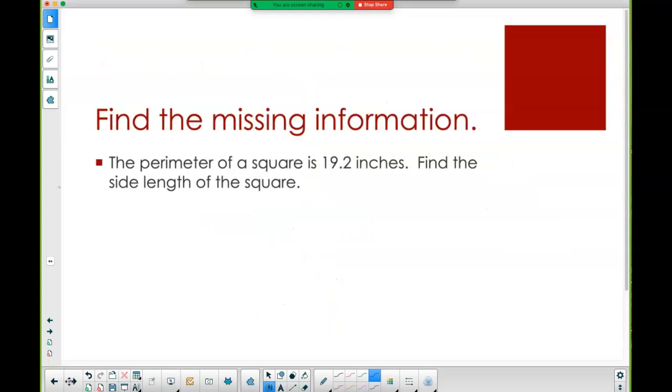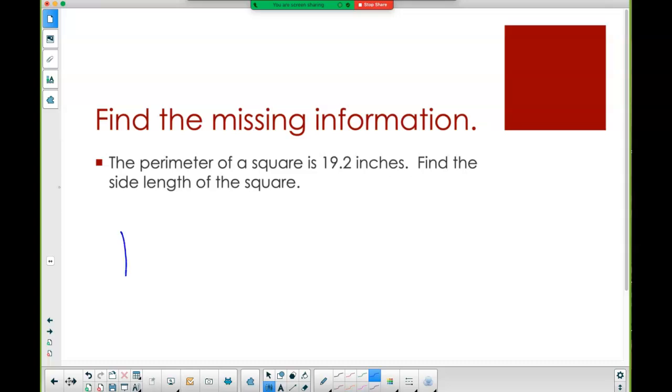The perimeter of a square is 19.2 inches. Find the side length of a square. Okay, tell me a little bit about a square. All the sides are equal.